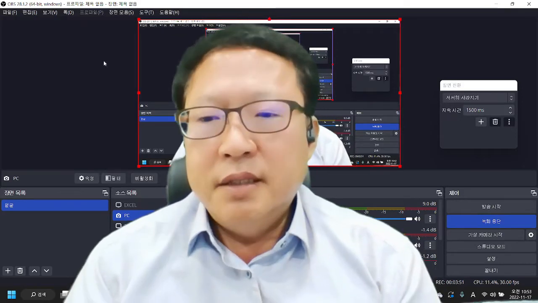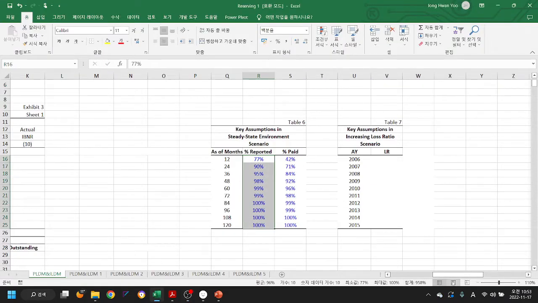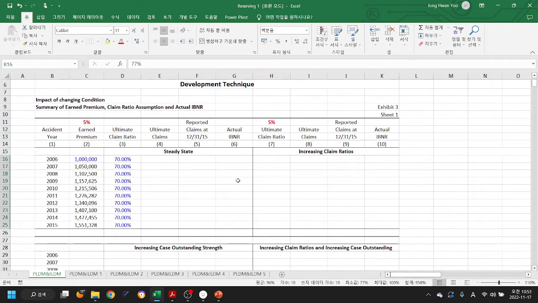Let's look at the Excel spreadsheet to start with. I'm probably going to attach this file, and for my convenience, I'm going to start with a blank Excel spreadsheet to show you how I can organize the file with the given very simple assumptions.